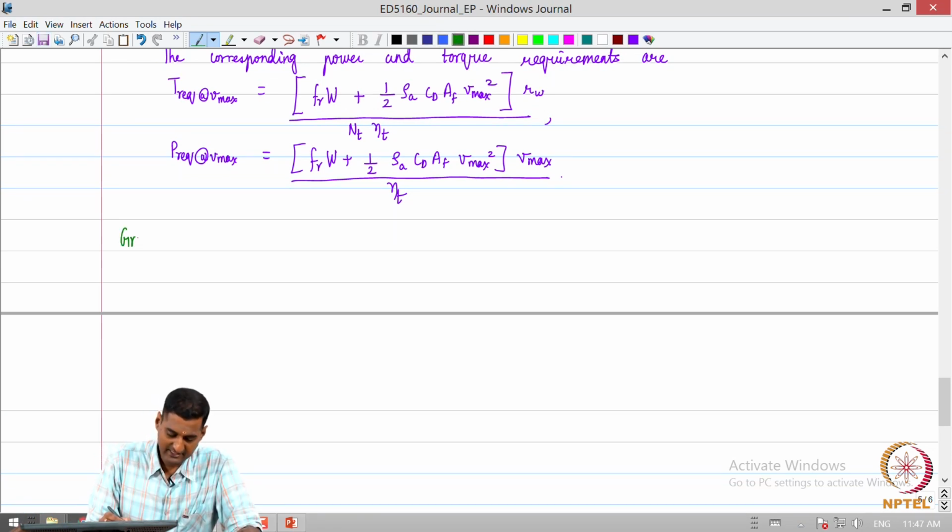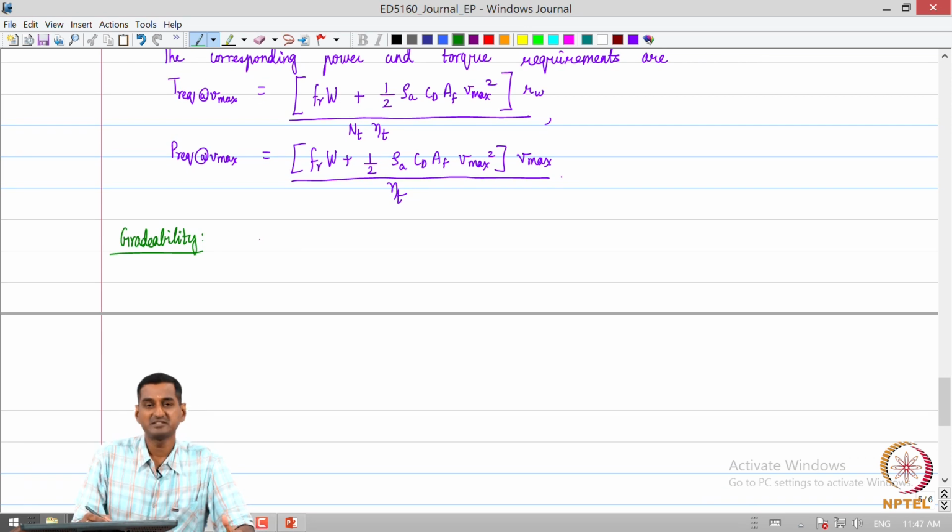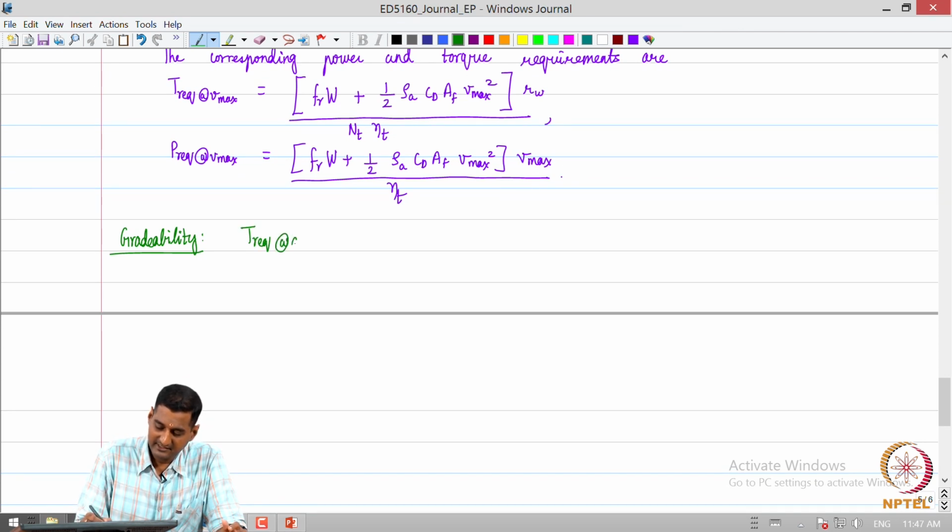Then the second one is gradability. As we know, gradability is an indicator of the maximum slope that the vehicle can climb. Gradability is defined as tan theta S max. Similarly, we can write down the motor torque required for satisfying gradability.